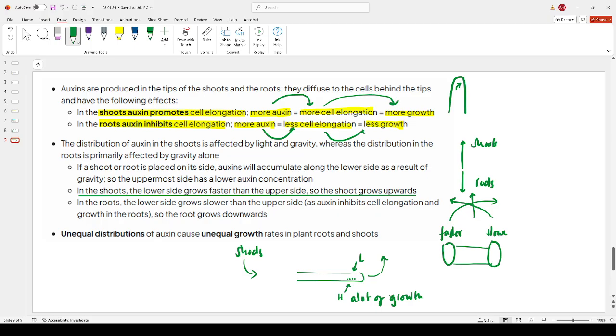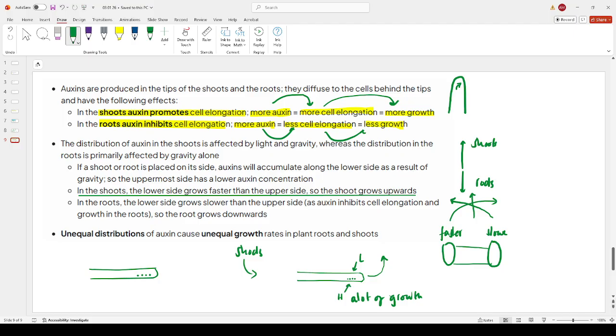Okay? So let's look at the roots. In the roots, so we draw a sideways thing there. In the roots, the lower side grows slower. So again, what does it say? If a shoot or root is placed on its side, auxins will accumulate along the lower side. So let's put them on the lower side, as a result of gravity.